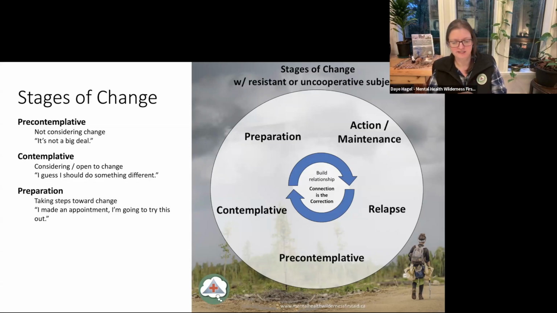And at one point, the person comes into my office and says, "Okay, Daye, I looked up that treatment center that you were talking about last night, and I went on their website and I filled out their application for their 6-month, on-site rehab program, and I have a meeting with the intake coordinator on Wednesday." That's a preparation stage person, right?